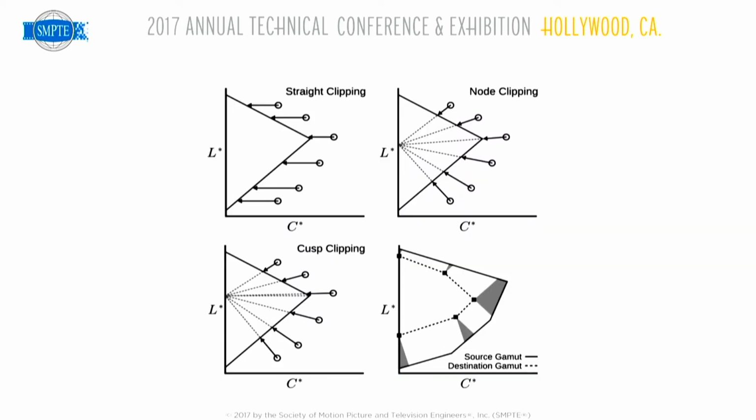So are there automatic ways of performing gamut mapping? Yes, there are, and there's extensive literature on the subject. The issue with automatic methods is that they're usually limited and they cannot produce the high quality results that are required for many applications, like in cinema.